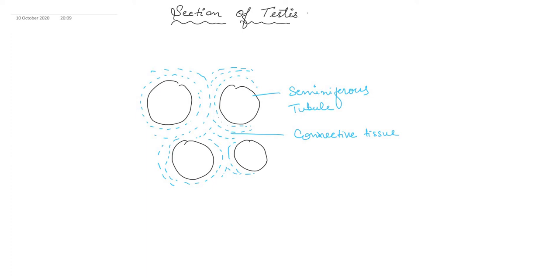Seminiferous tubule is lined by a germinal layer, germinal epithelium. This germinal epithelium is of two types. First one is cuboidal and the second one is conical cells.